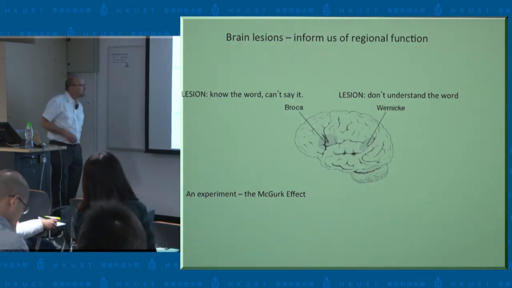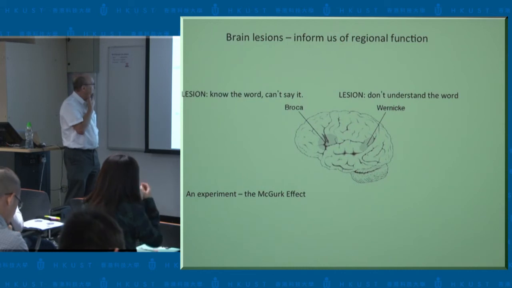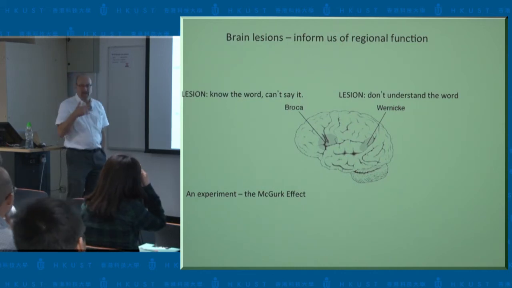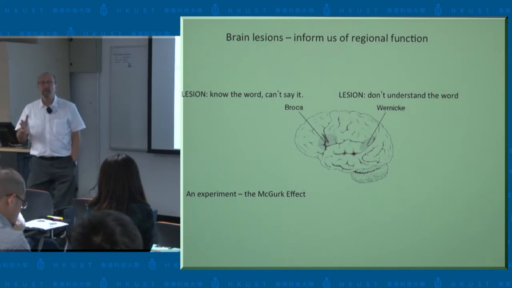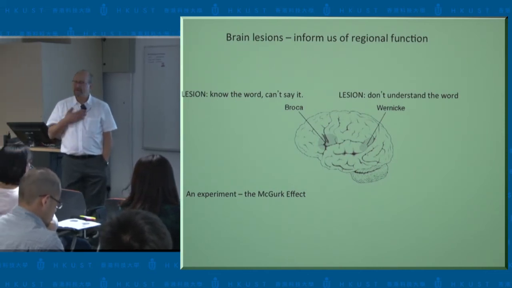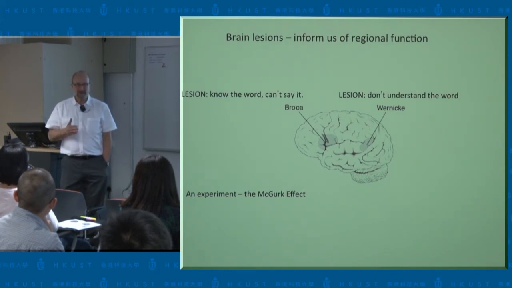So let me give you, I'll get to the experiment in a minute. So brain lesions, again, are where most of this information came from. There's a wonderful book that I'll make note of. It's by a very famous neuroscientist, Oliver Sacks, and he wrote a book called The Man Who Mistook His Wife for a Hat.